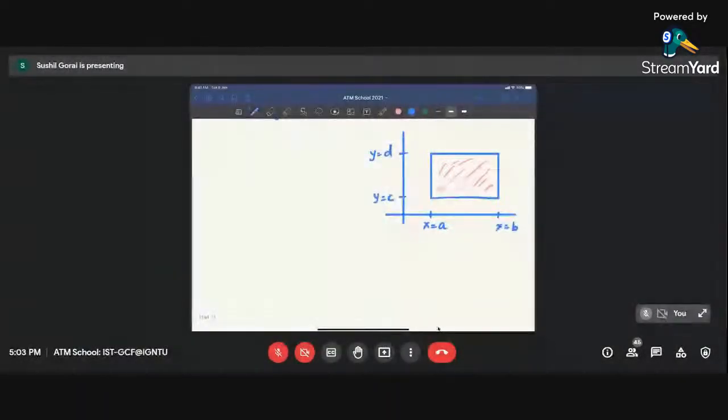So the theorem, let's call it 3.1, maybe third lecture.